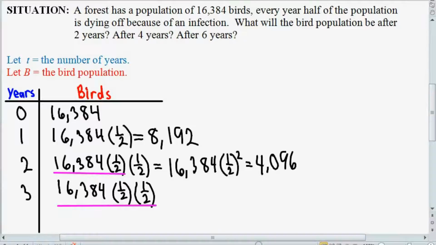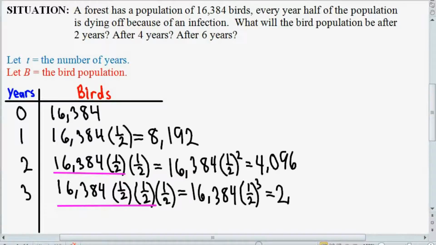That again will be multiplied by 1/2, which we can then simplify into 16,384 multiplied by 1/2 to the third power, which will give us a bird population of 2,048.